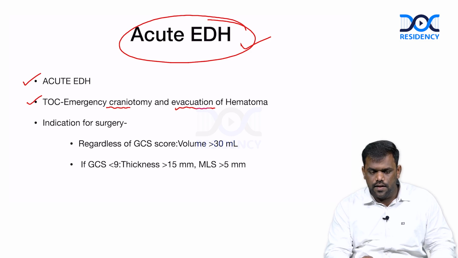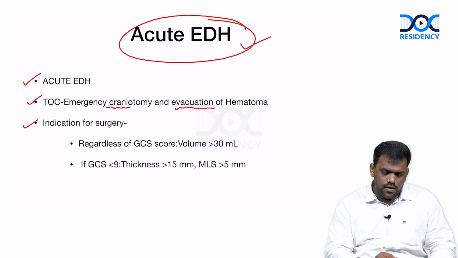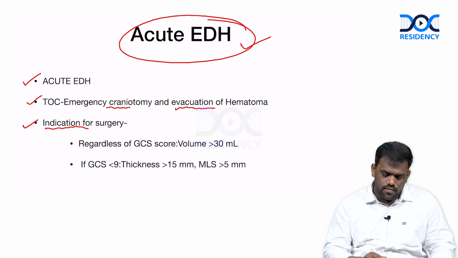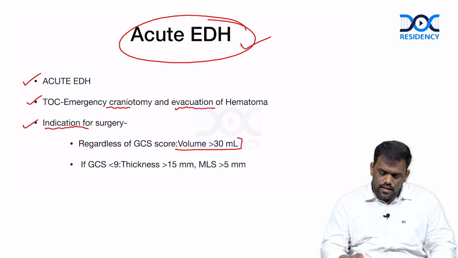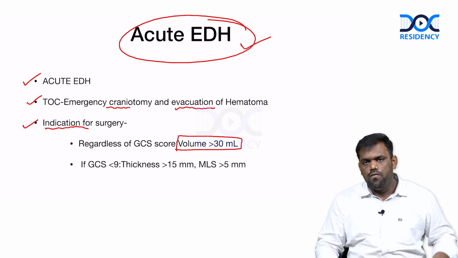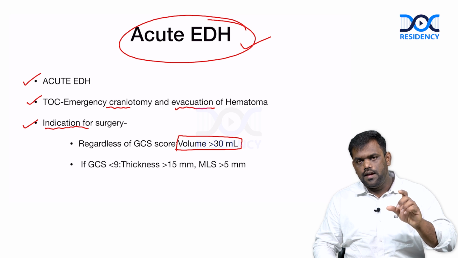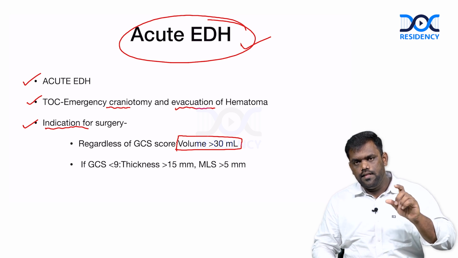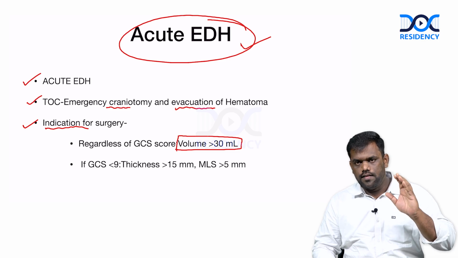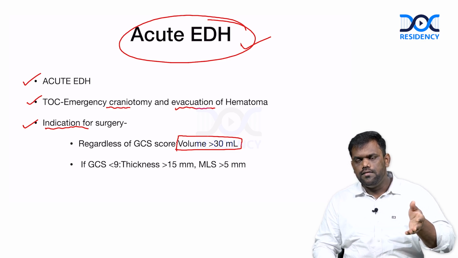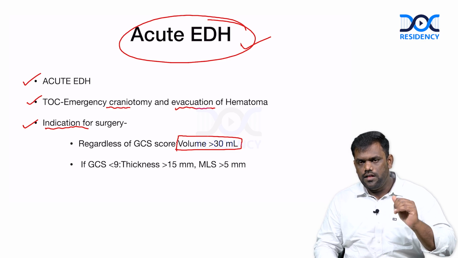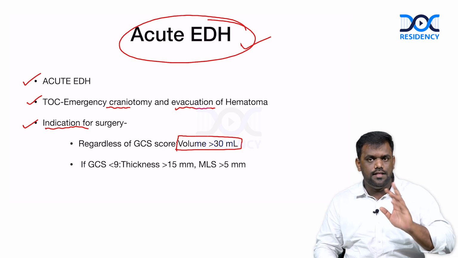It's very important. The indication for surgery is if the volume is more than 30. You have to assess the volume of the EDH using the scale given in the CT scan, a separate formula for assessing the volume. If the volume is more than 30 ml, you should not look at the GCS score.